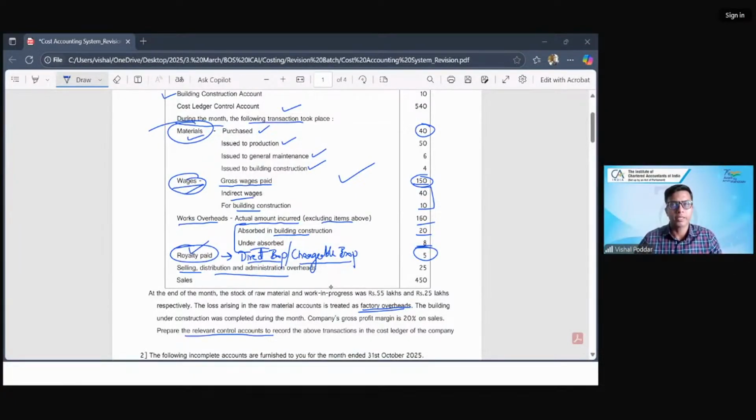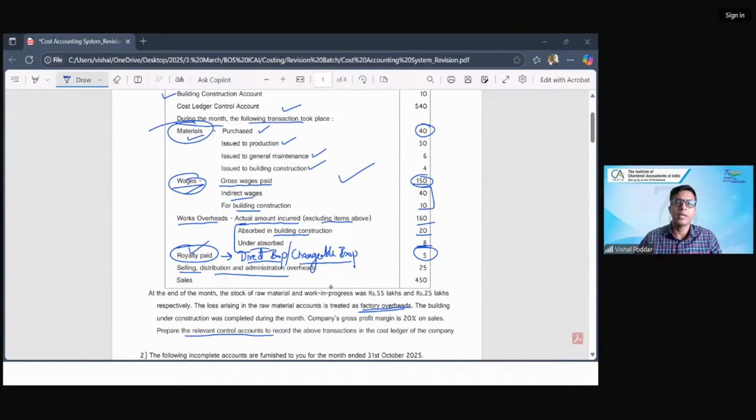So that is why direct expenses practically may be present only in very few industries or for very few products. That is why even in our questions, we find very little presence of direct expense. Because of this, we do not open a separate individual account for direct expense. Then what we do is we directly do the second step, which is the charging part.